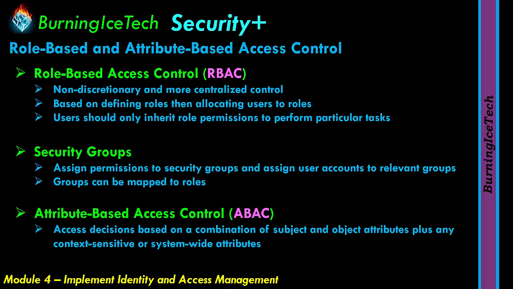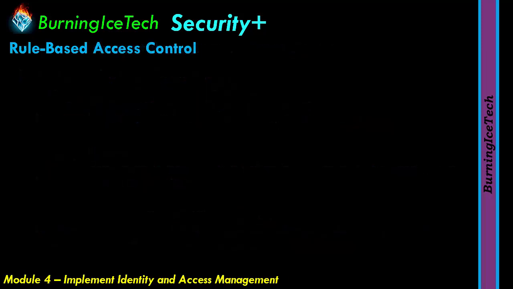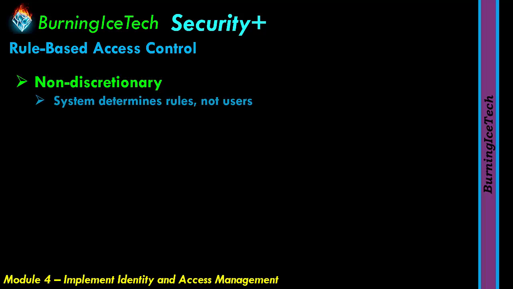Alright, folks, let's move on to another type of access control we get, rule-based access control. So I suppose we could say non-discretionary access control. More on that in just a moment. So rule-based access control, folks, refers to any sort of access control model where access control policies are determined by system-enforced rules rather than by system users.